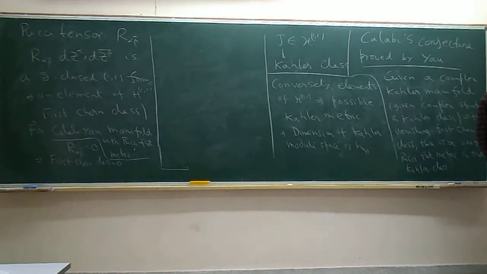Locally you can do this, yes. Even locally, you start with a metric which has R alpha beta bar not 0, then you have to deform it to make R alpha beta bar equal to 0. So locally also it's a non-trivial statement, but it's easier to prove locally. But the important part is that globally also it's true.